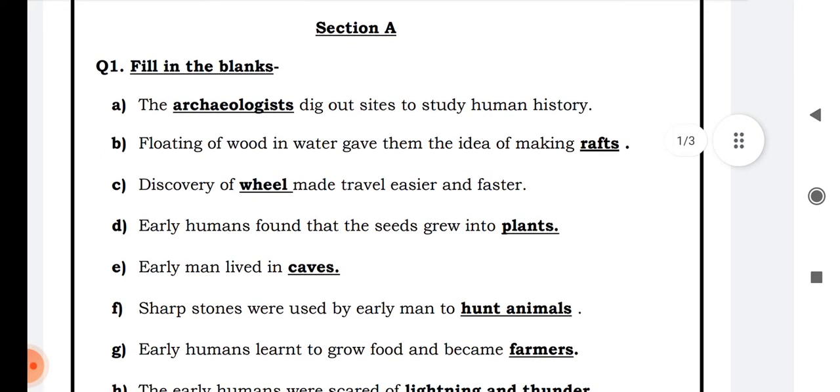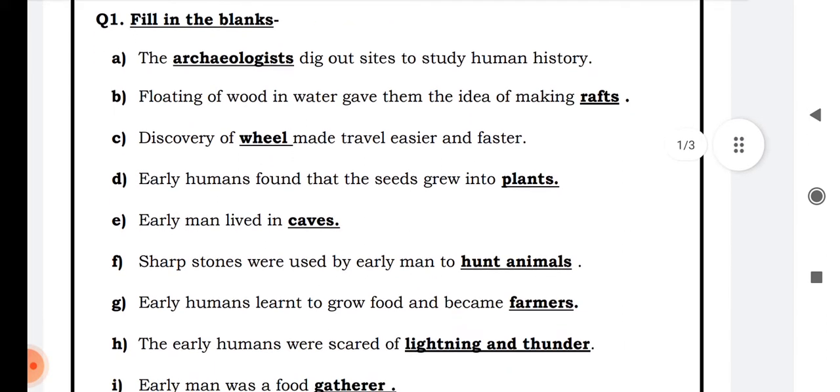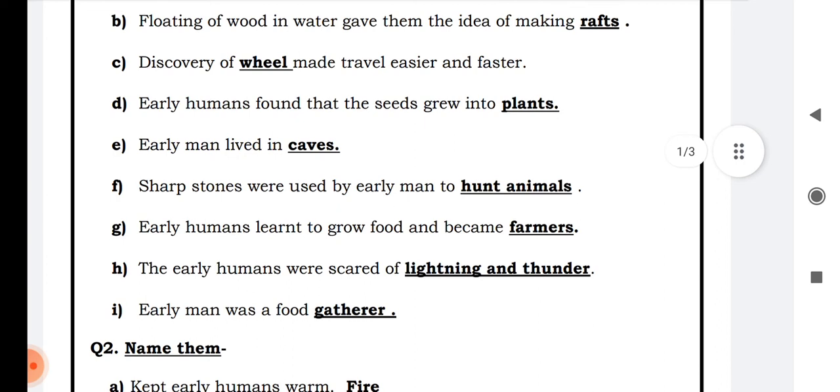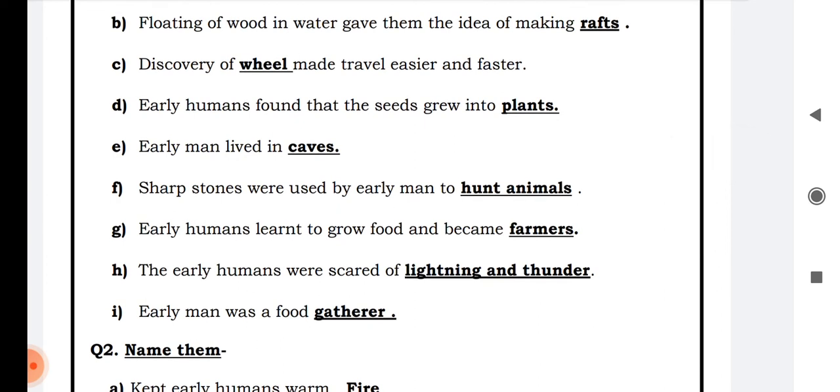Question 1. Fill in the blanks. A. The dash dig out sites to study human history. The answer is archaeologist. B. Floating of wood in water gave them the idea of making dash.